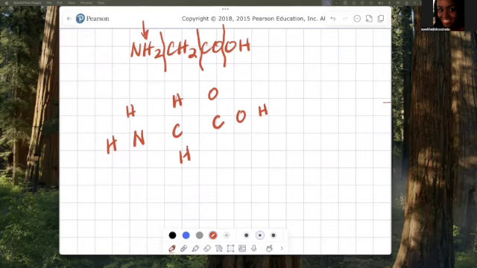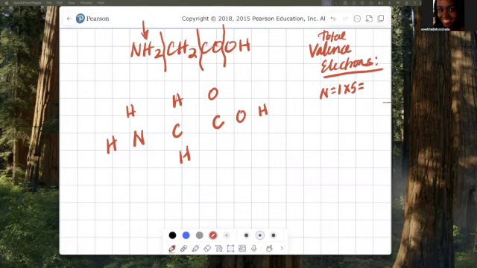Okay. So when it comes to the valence electrons, I'm trying to figure out what the total is. We're starting with nitrogen. We have one nitrogen worth 5 electrons. It's in group 5, so each nitrogen is bringing in 5 electrons.